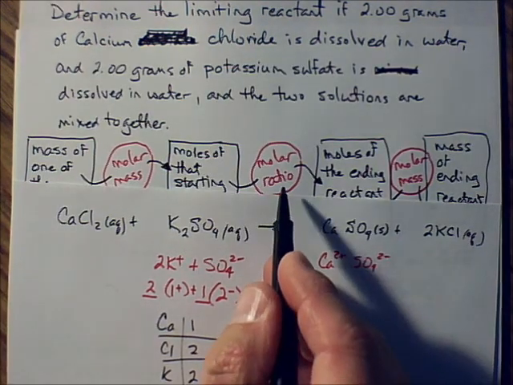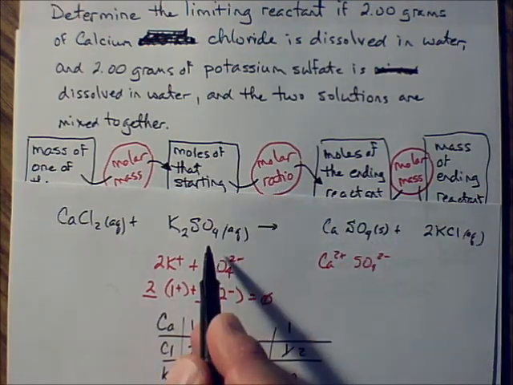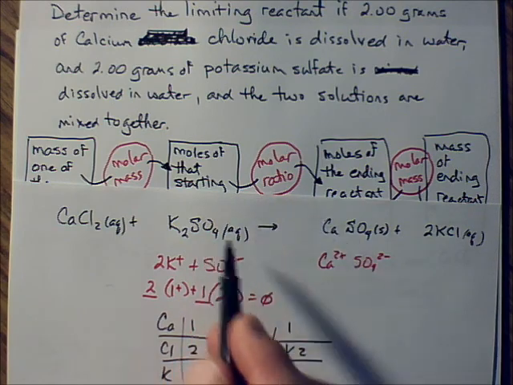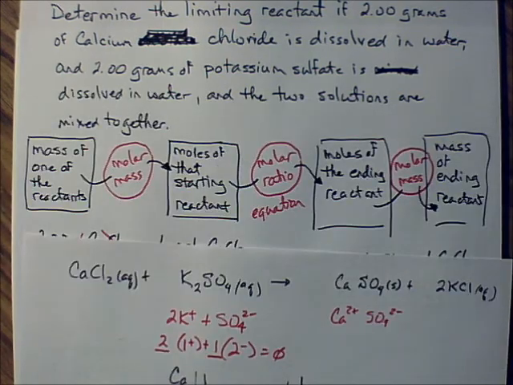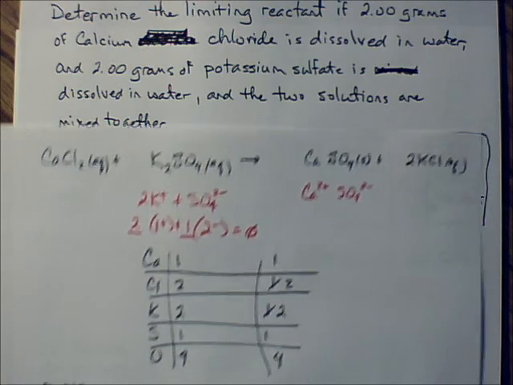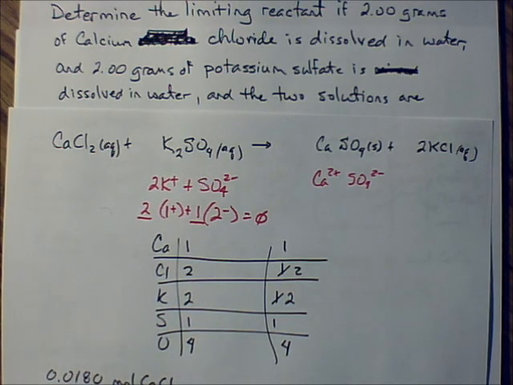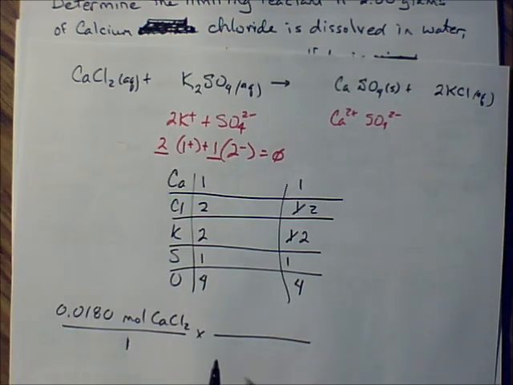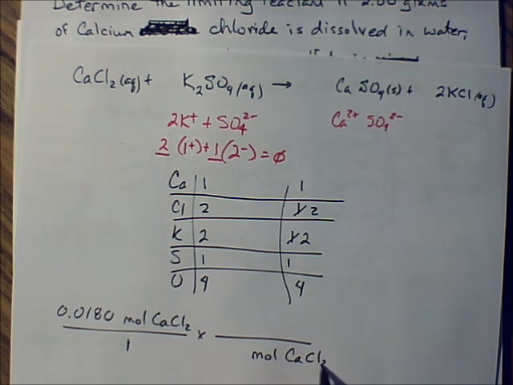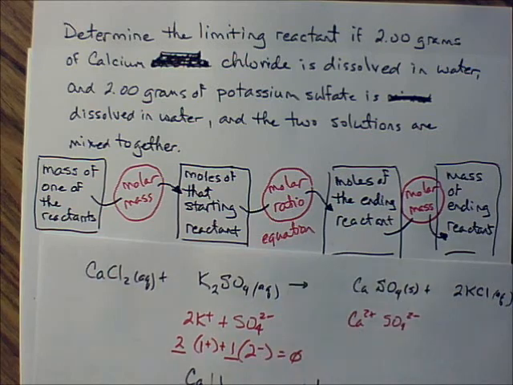Molar ratios come from the balanced equation. So I want to match the units and species in this first step, match them down here. So we know we're going to have moles of calcium chloride down here. We know that we're going to need moles of the other species over on this side.